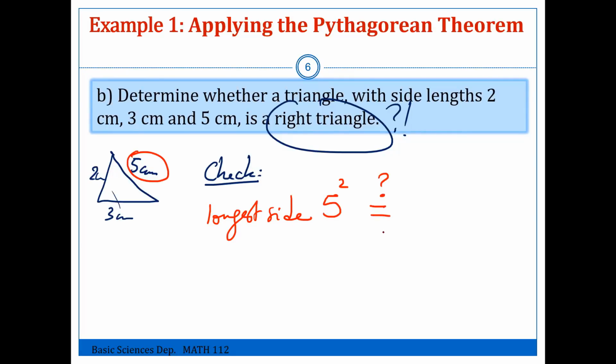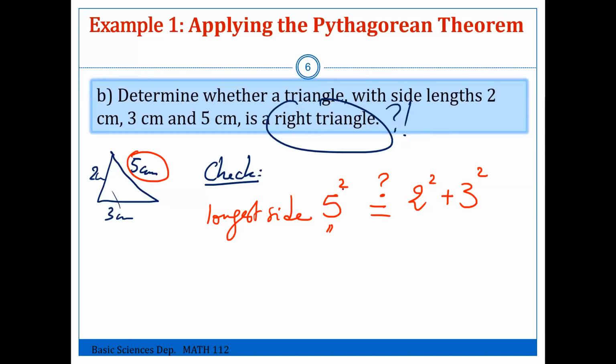Does it equal, we don't know yet, 2 squared plus 3 squared? If these two quantities are equal, the answer will be yes, it is a right triangle. If they are not equal, it will not be a right triangle.